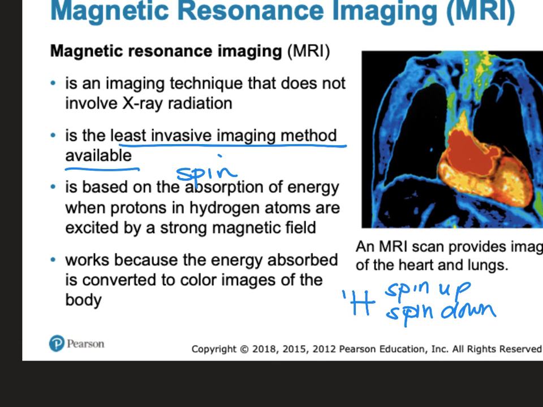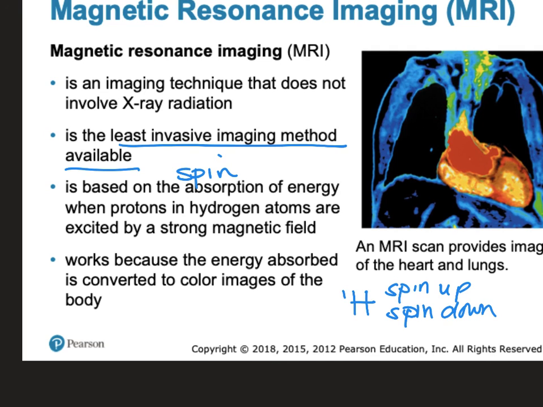And that change is going to be correlated to the environment in the body. So because the chemical environment of a tumor is different than the chemical environment of a healthy cell, different amounts of energy or different quantities. Remember, in order to excite, you need to have quantized energy. Right?